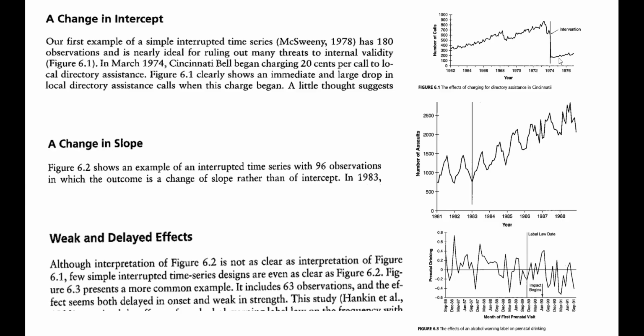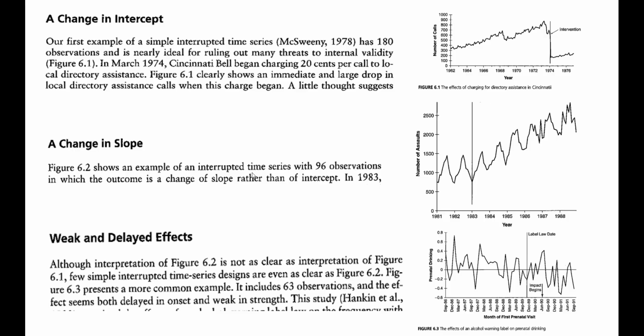That number has slowly increased after that, but we would describe that change as the change in the intercept, because that's the most impactful change in that data that we're looking at. But we can also see a change in the slope.